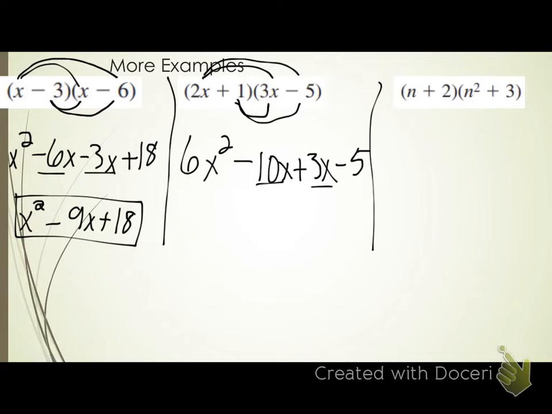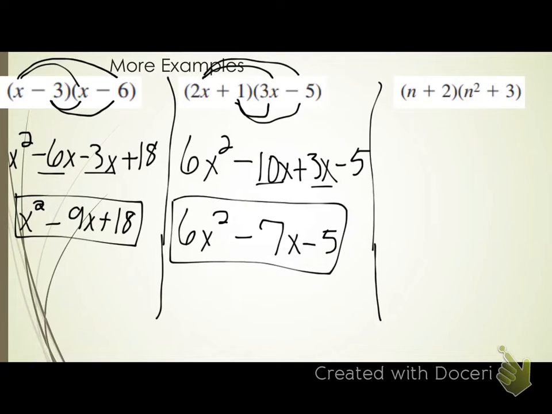What do I get for my final answer? Someone raise your hand and tell me. Okay, well, 6x squared, negative 10x plus 3x would give me negative 7x, minus 5.